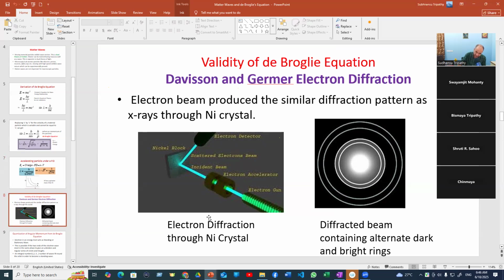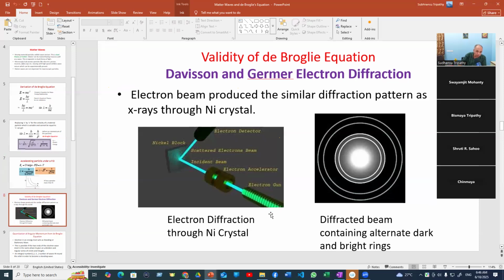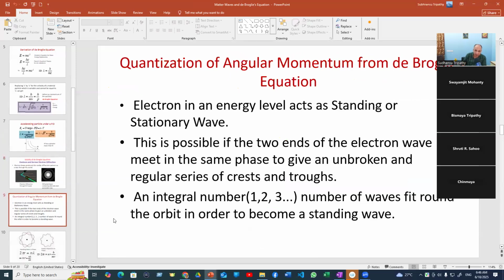After reflection through different parallel planes lying below and below, they come out and go through constructive as well as destructive interference at different distances. They give alternate bright rings and dark rings, the typical X-ray diffraction pattern. That was found to be the exact case with electron diffraction. So it was proved that particles moving with high speed show wave motion.